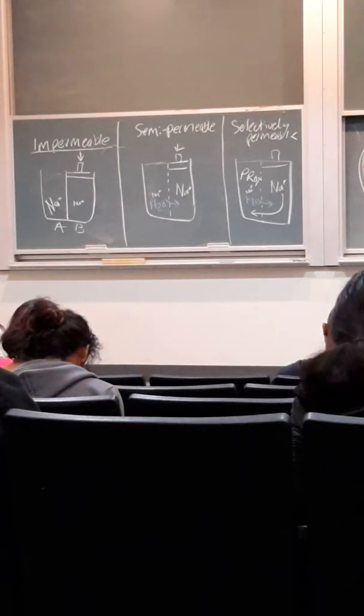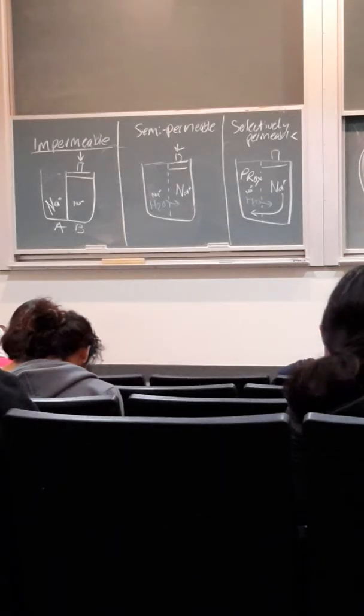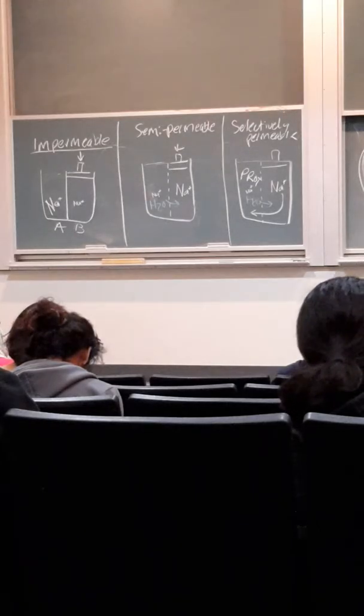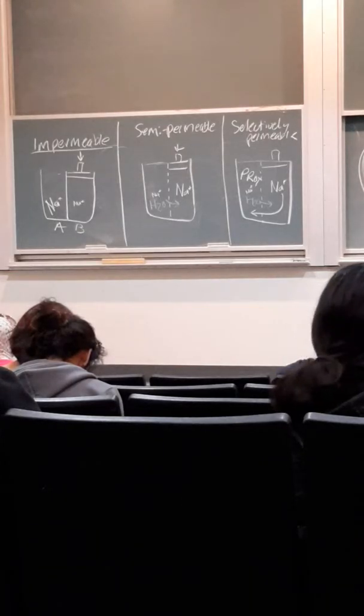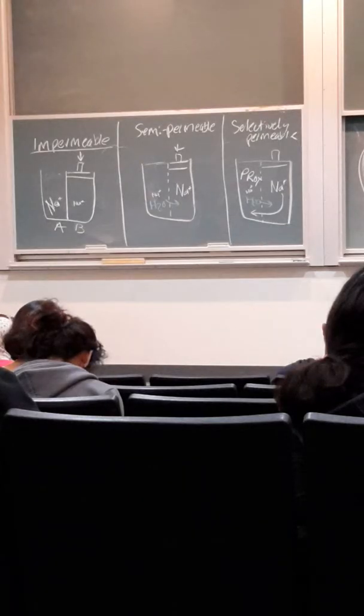So if you have a big protein, because it's selectively permeable, the protein can't move, but the sodium can. So you may be able to get more sodium, or you may be able to maintain the sodium on the right side in a situation like this, simply because the protein is generating the osmotic balance.